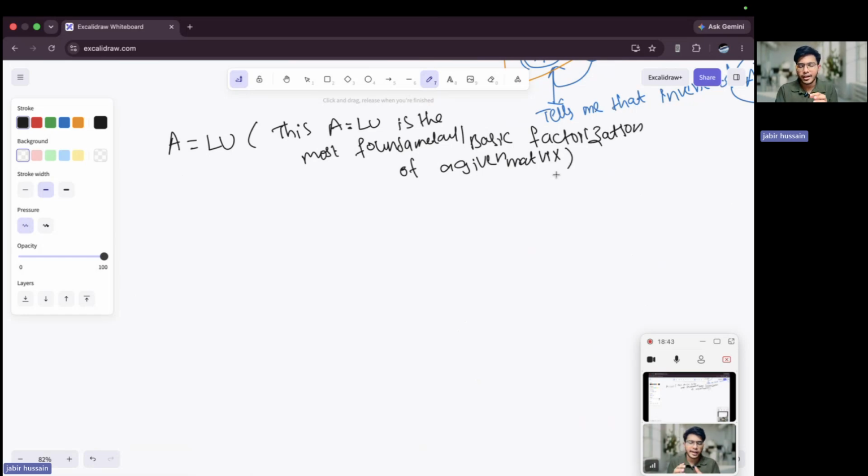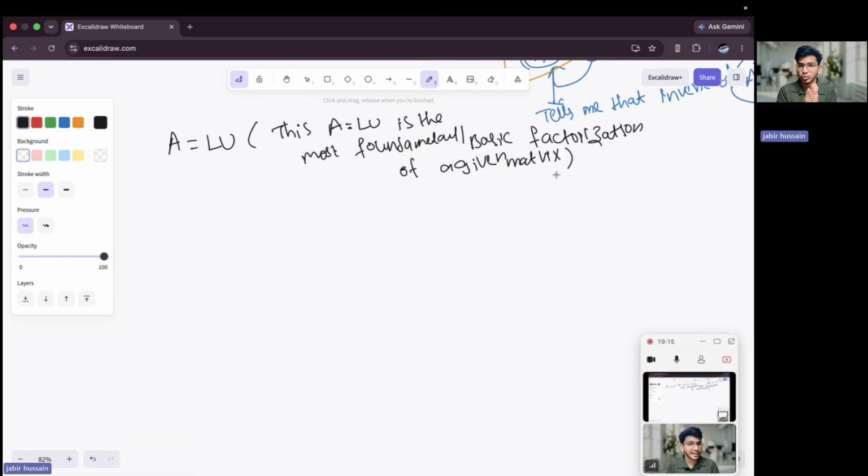The main thing is that I want you to assume that A is a very complex matrix, whatever your definition of complex, like a large number of rows and columns with big numbers. Now, A equals LU tells me that you can break down the complex matrix into different simple entities, and these entities are L and U.